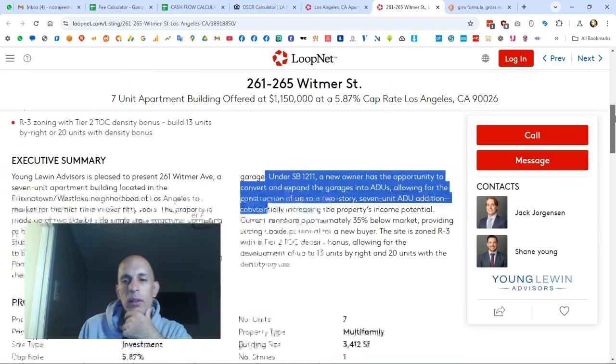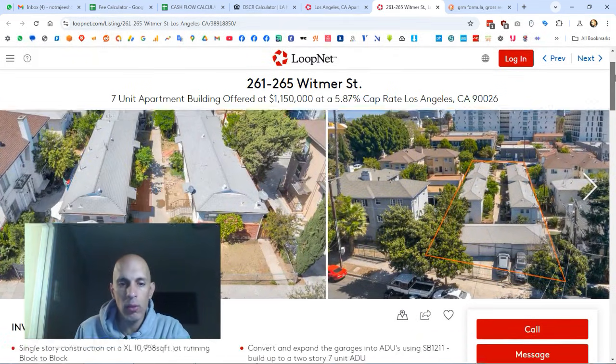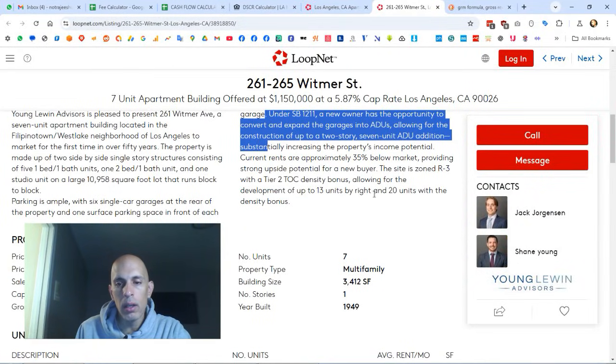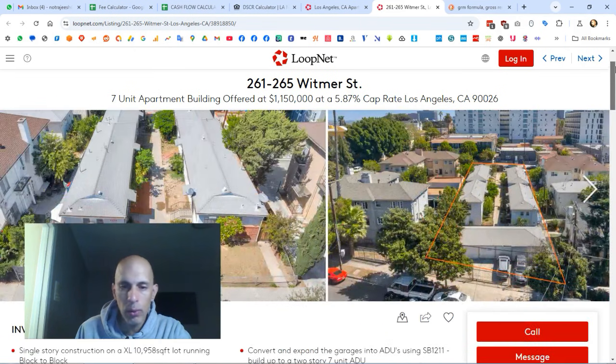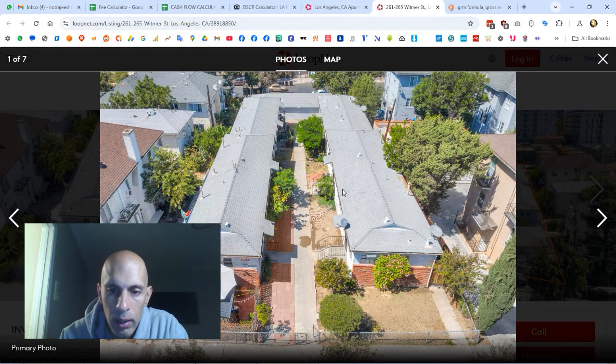So it's got 6 garages, which you can convert to ADUs. So that gives you your 13 units. And then you can build 7 more with the density bonus. Let's see where you could build those 7 extra units exactly.